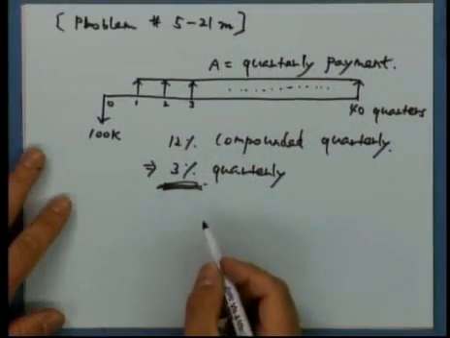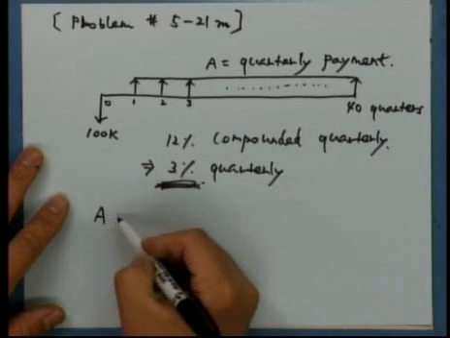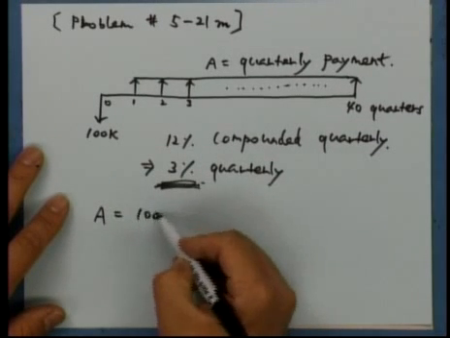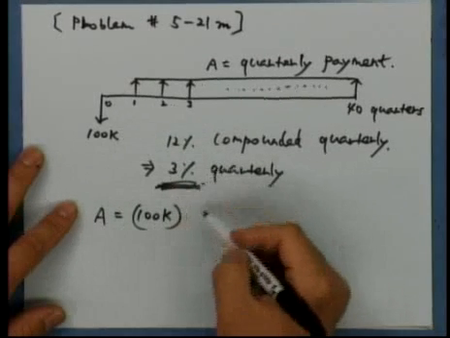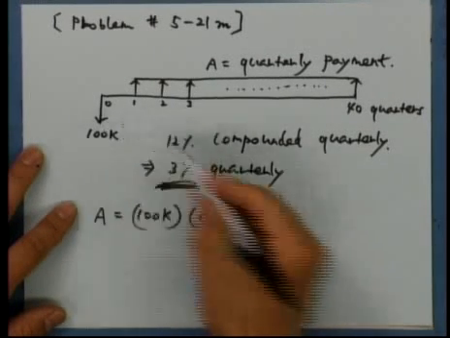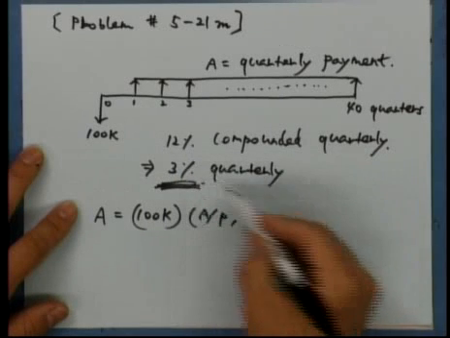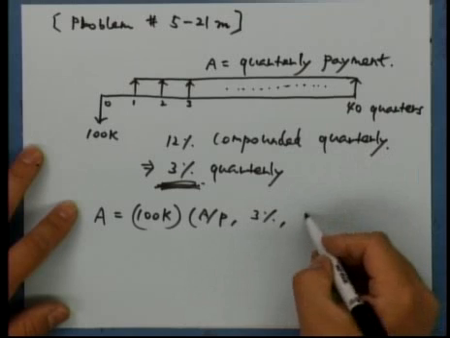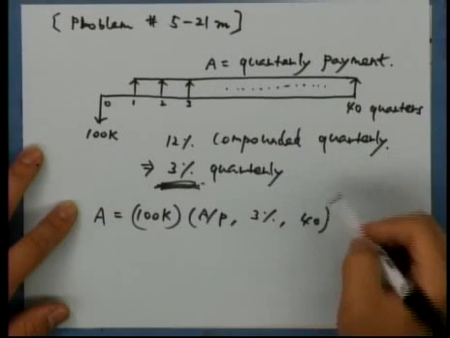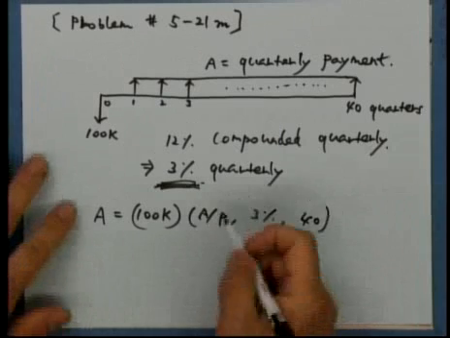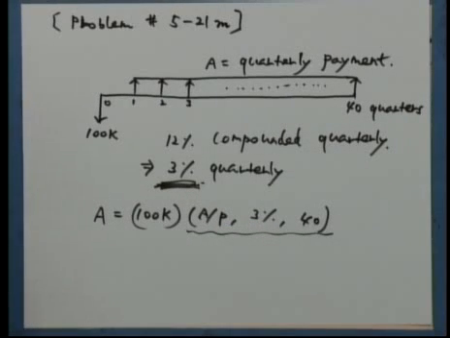So the quarterly payment on the loan would be A equals 100K times A given P, right? And 3% over 40 quarters, right? So how much is this? 3% A given P over 40 periods, which is 0.0433.